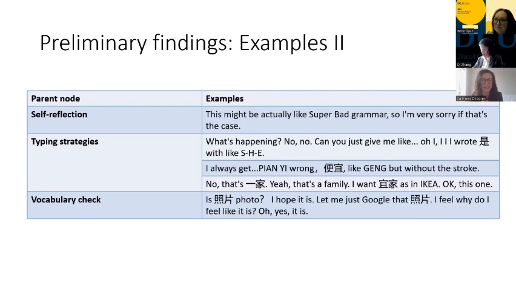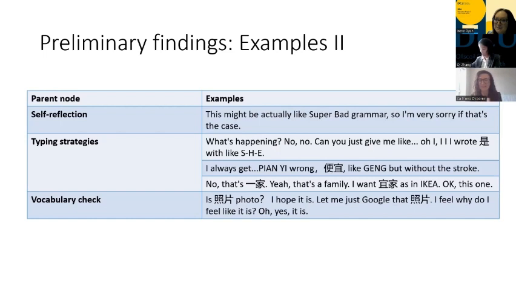The second one, I always get 便宜 wrong. 便宜, like gung, but without the stroke. So she's thinking, yes, I usually get that one wrong, and I must remember that it's the different pattern here I need to remember. No, that's 一家. Yeah, that's a family. I want 一家 as in IKEA. Okay, this one. Yeah, so they've picked it out.